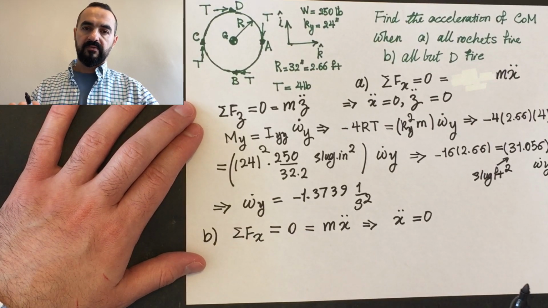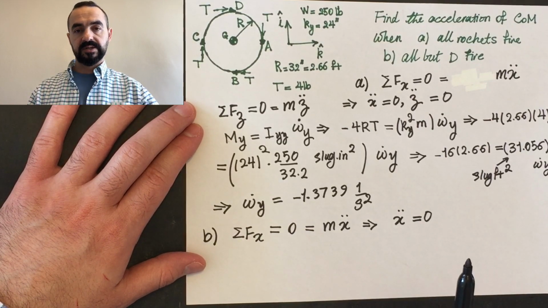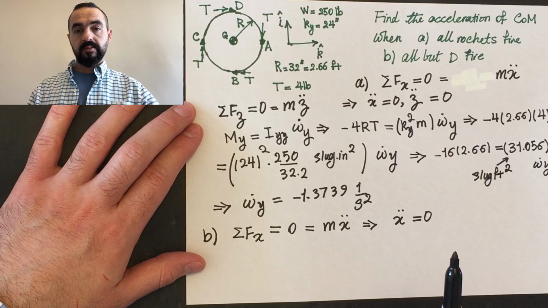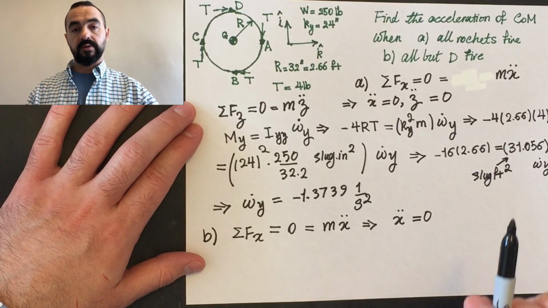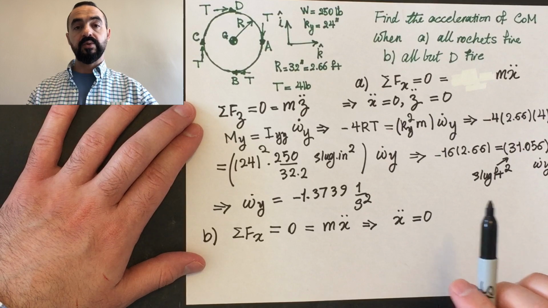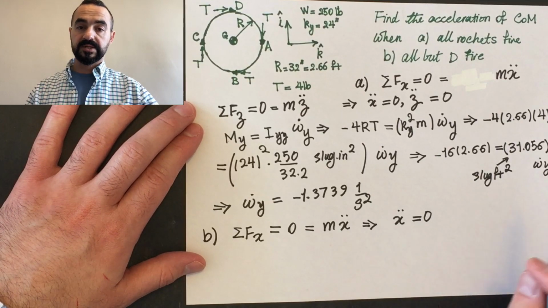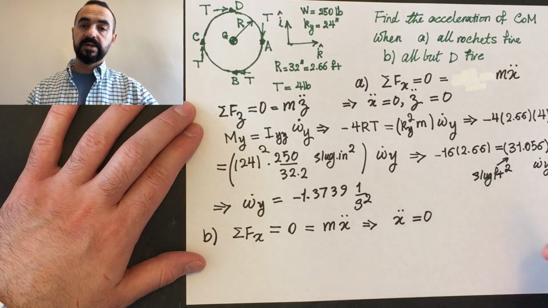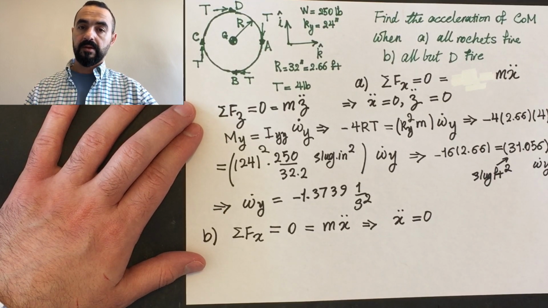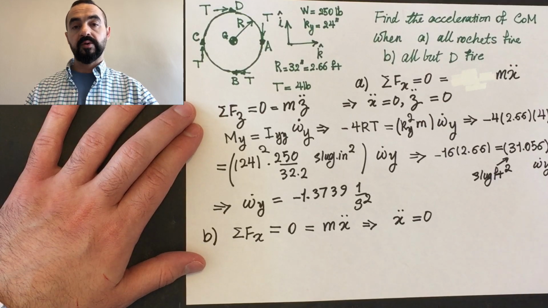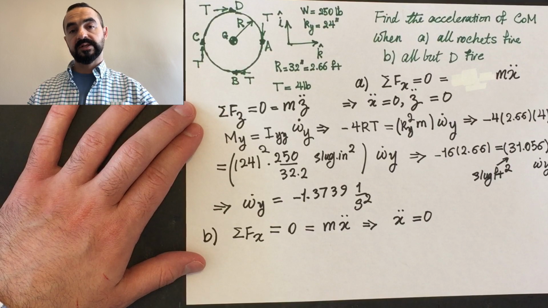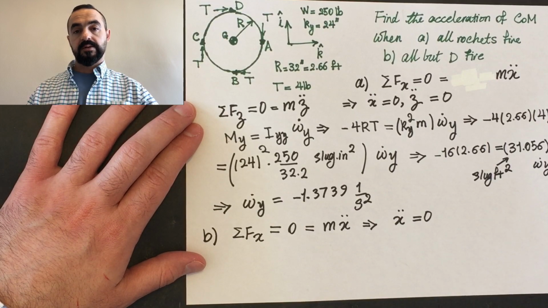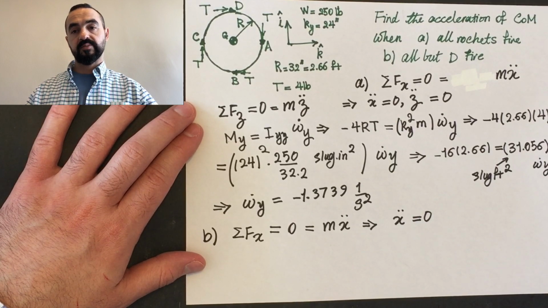However, for translational acceleration, we need to identify points. It is true that if you have a pure translation, the translational acceleration is going to be the same for all the points. But we always identify the points because when we have both rotation and translation, the translational acceleration needs to be defined for a certain point.